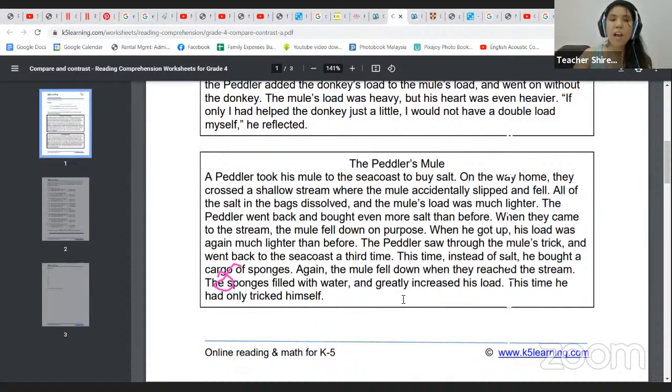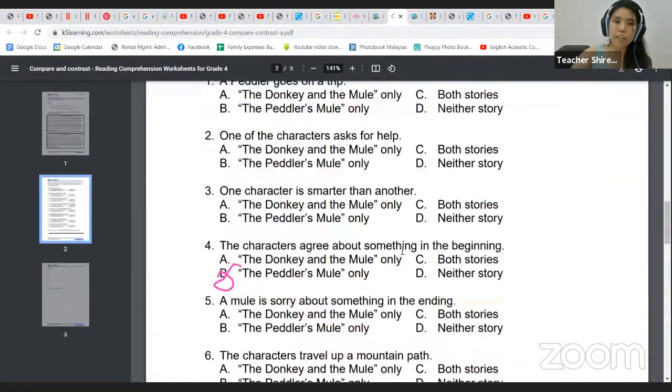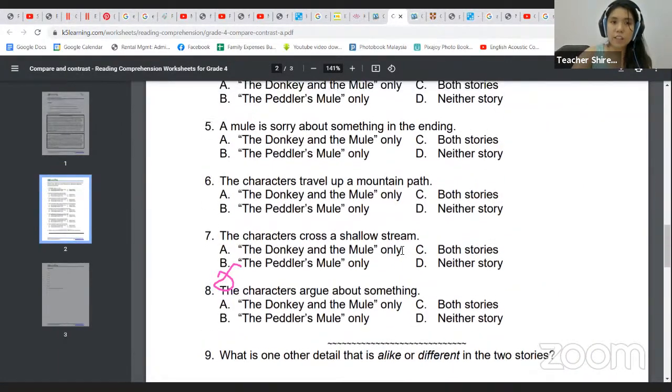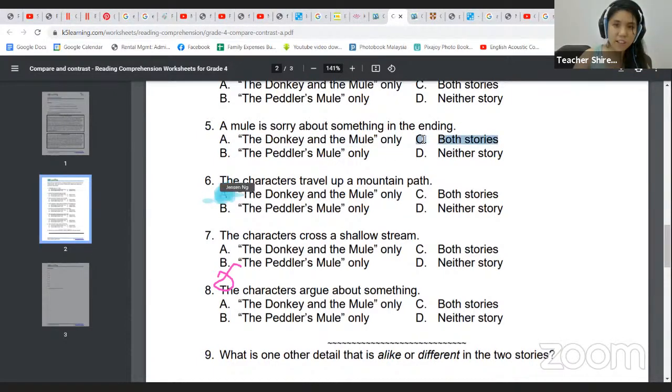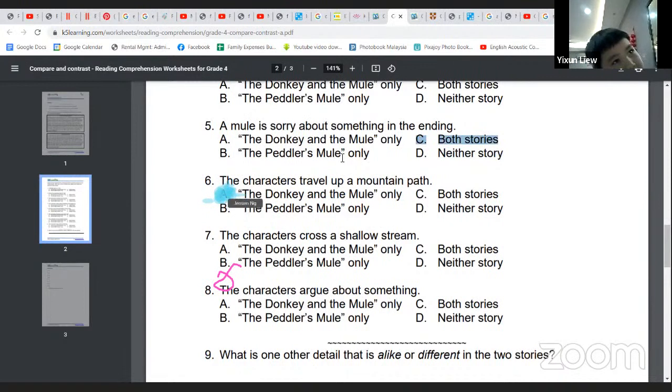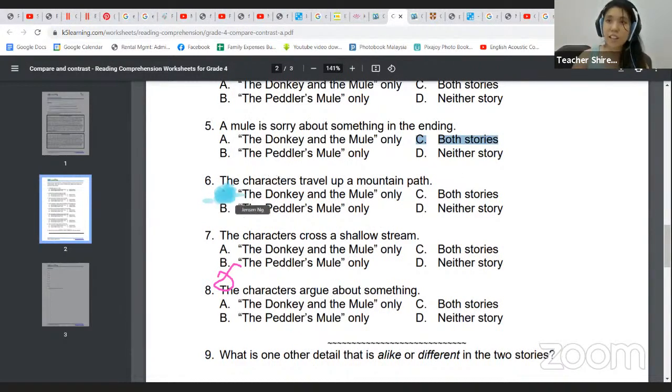It's like, I should not have fallen down. Now I have to carry so heavy. Okay, so he feels sorry for both of the stories. Understand or not? Yeah, teacher. I said that just now. Like number 3, the third time I say the answer is both stories. Oh, I see. Sorry, I couldn't hear that.